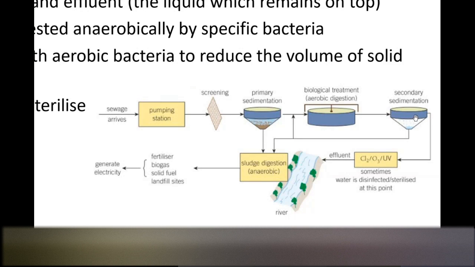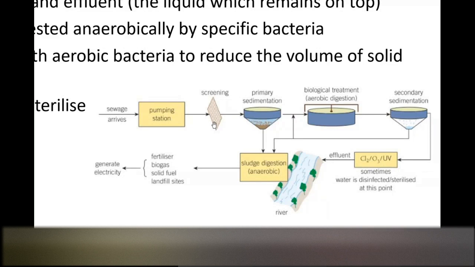And then the remaining effluent is treated with chlorine. O3 is ozone, but you don't really need to know that it's O3 until you come and do A-level chemistry, which I know some of you will do. And UV, so sterilization will happen. And then the effluent is added to the river, and then it can go on to do what it needs to do in the river.